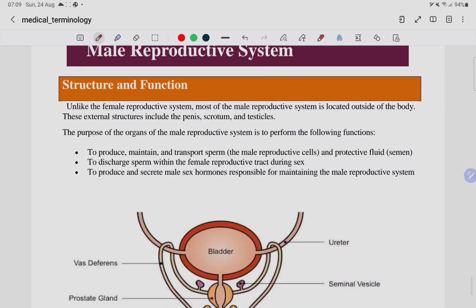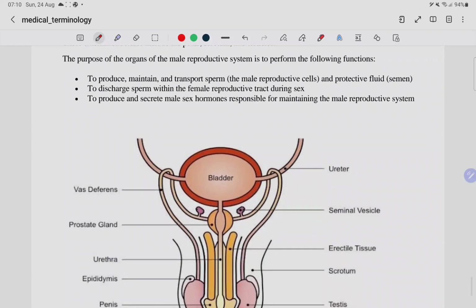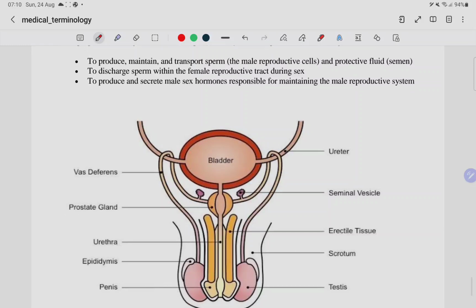Okay, let's end with the male reproductive system. Unlike the female reproductive system, most of the male reproductive system is located outside the body. The purpose of these organs is to perform the following functions: produce, maintain and transport the sperm, discharge sperm within the female reproductive system, and produce and secrete male sex hormone.